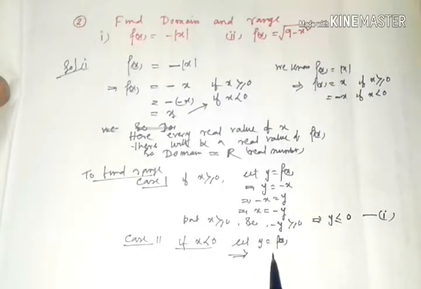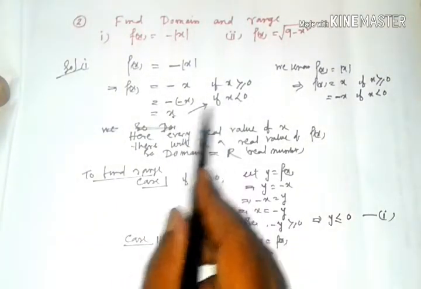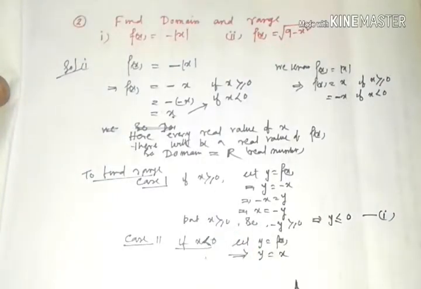This implies y is equal to minus x, since x is less than 0, so y is also less than 0. From 1 and 2, what do we get?